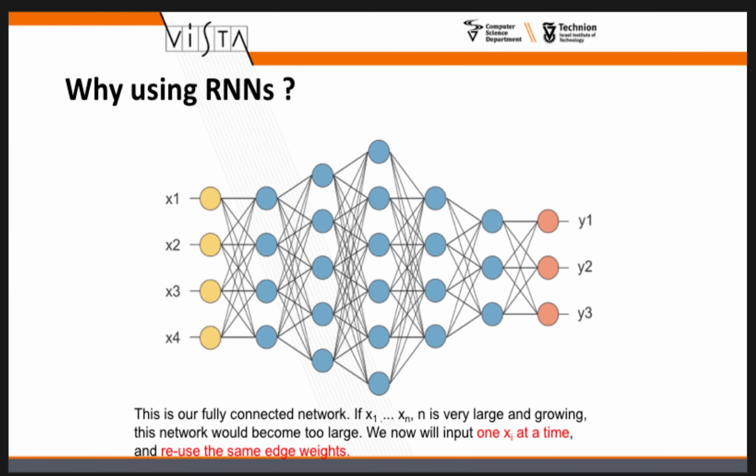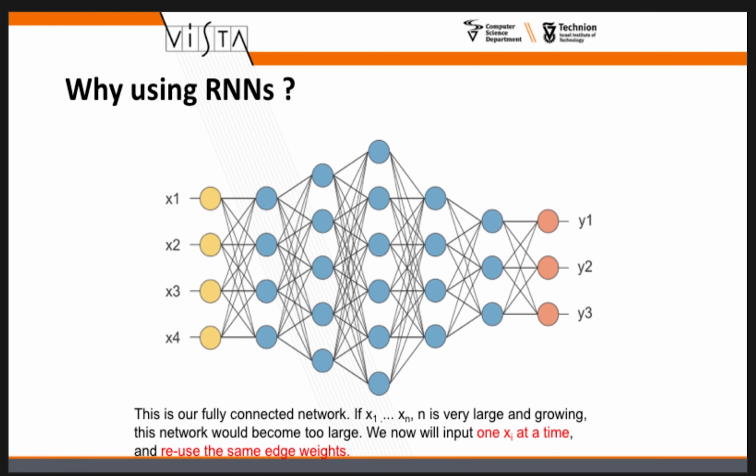If I give more inputs to my network, the number of parameters increases drastically. This is actually one of the problems of feed-forward neural networks. Do you understand why?